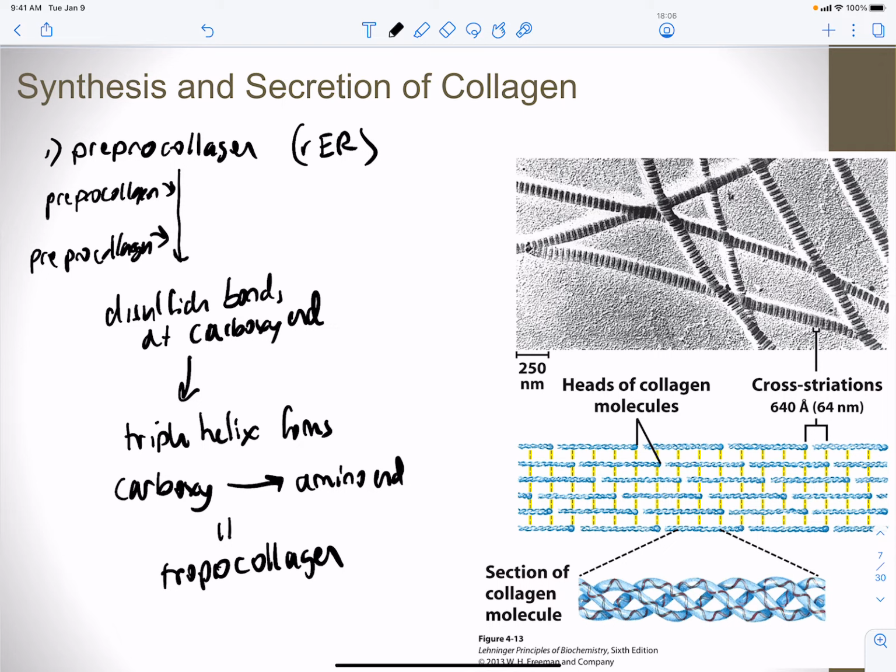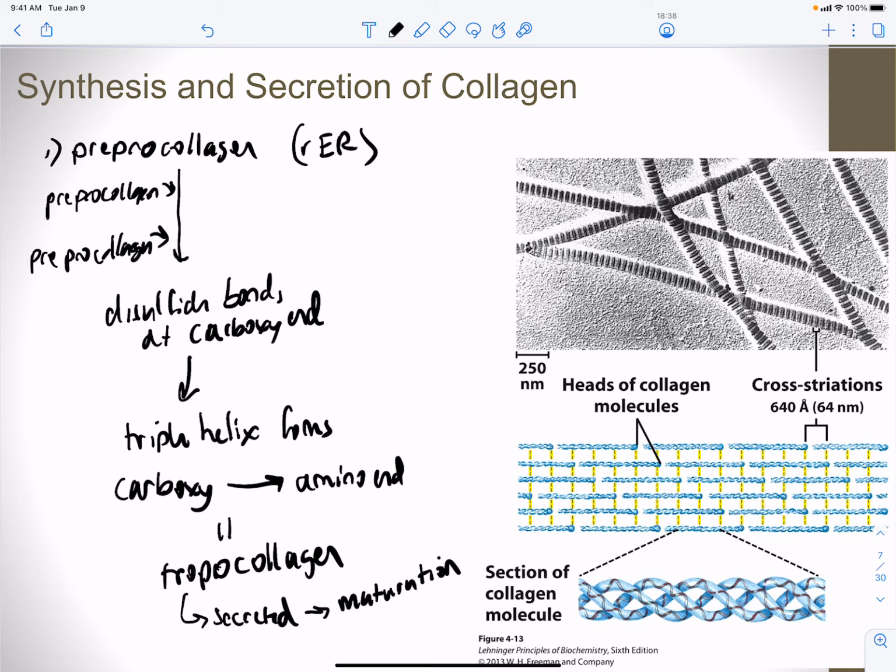And then tropocollagen gets secreted from the cells. And then you get extensions. So the triple helix gets modified. The ends get cleaved off basically, and it matures in the extracellular space within the extracellular matrix. So you get maturation.